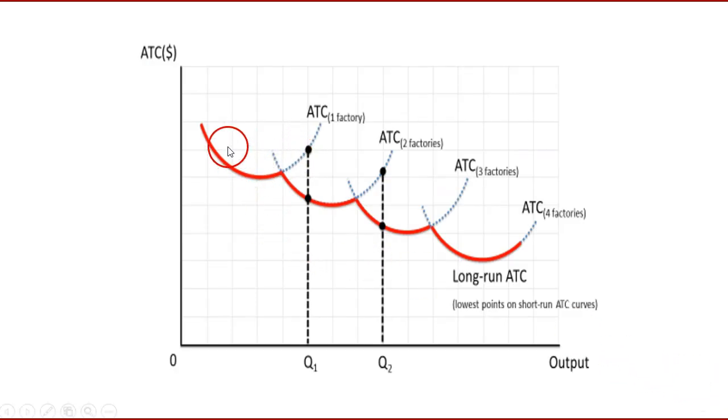So the average total cost curve, as the firm gets larger, it increases its scale, shifts right and down, right and down, right and down. The firm is going to choose the lowest points for whatever output it's deciding on these short-run average total cost curves. Those lowest points are represented by the red lines there.